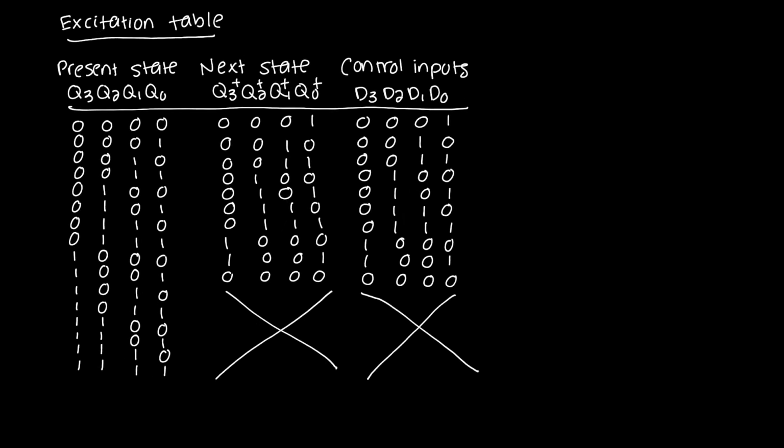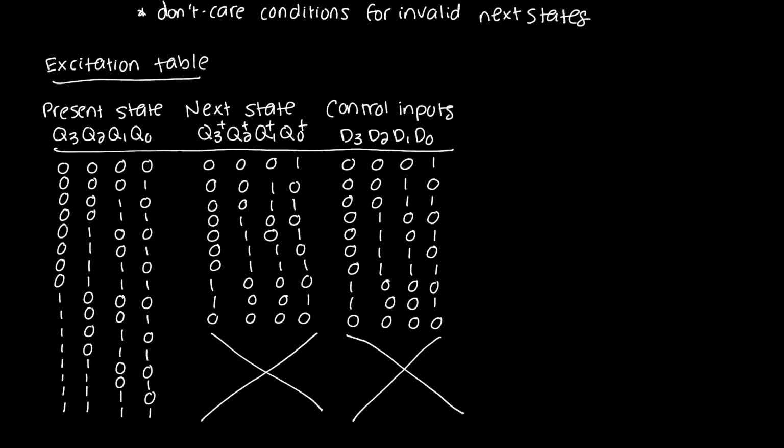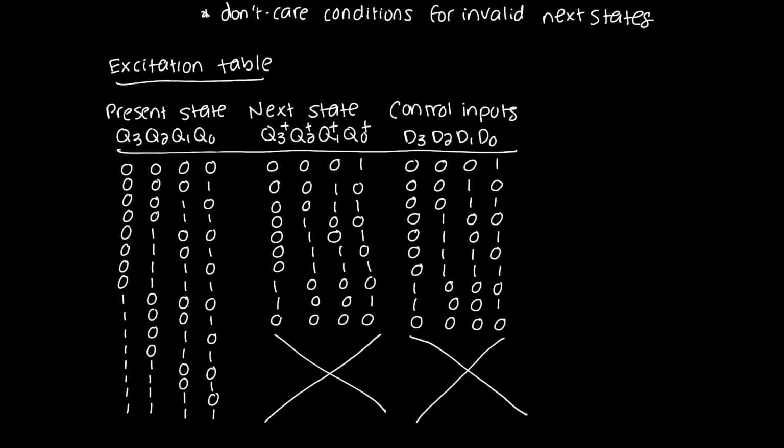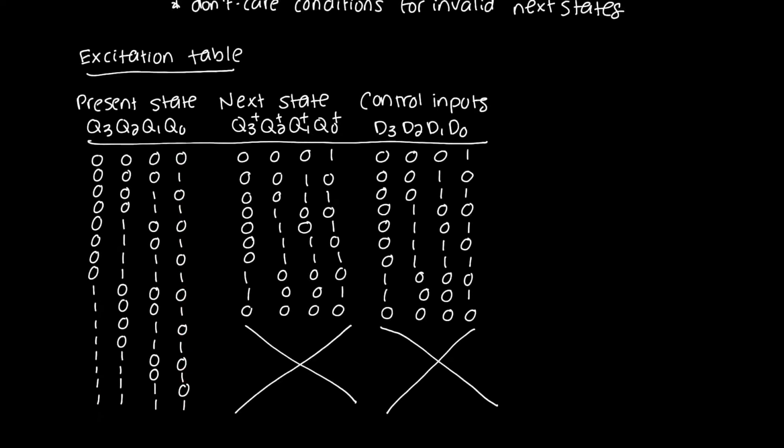And now I do my Boolean logic expressions. Even if I had a weird counting sequence, I highly recommend that when you write out your present state, you write it in sequence. So I'm actually just counting up. And I suggest you do this regardless because it makes your K-maps a lot simpler.